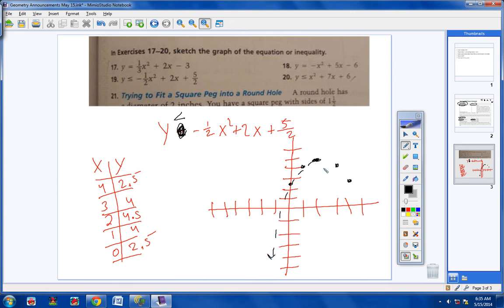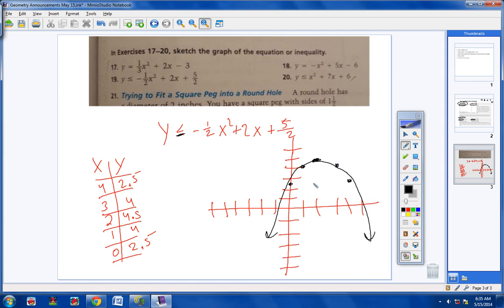So always check that, okay? But since we have less than or equal to, because there's a line right here, it will be a solid parabola.